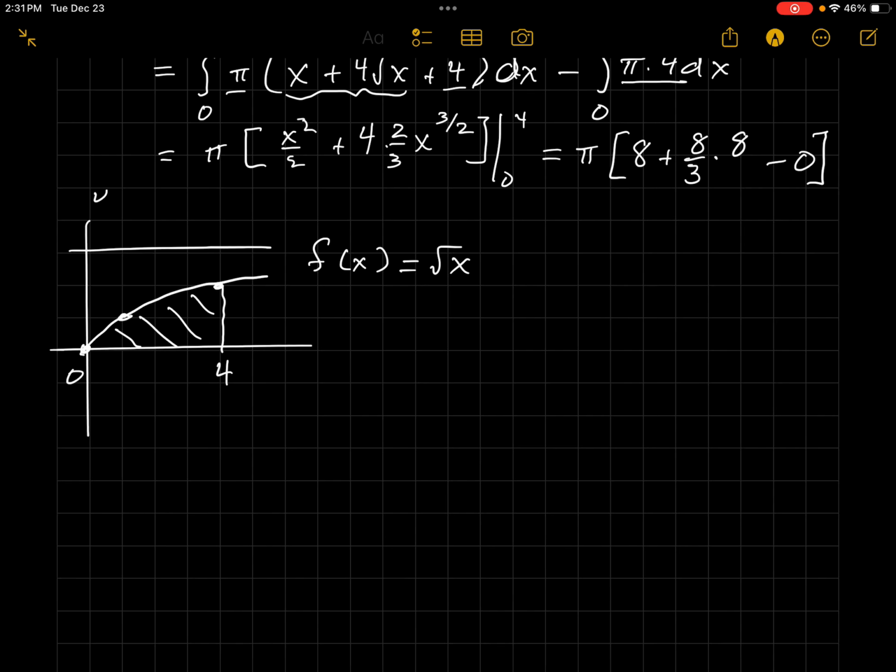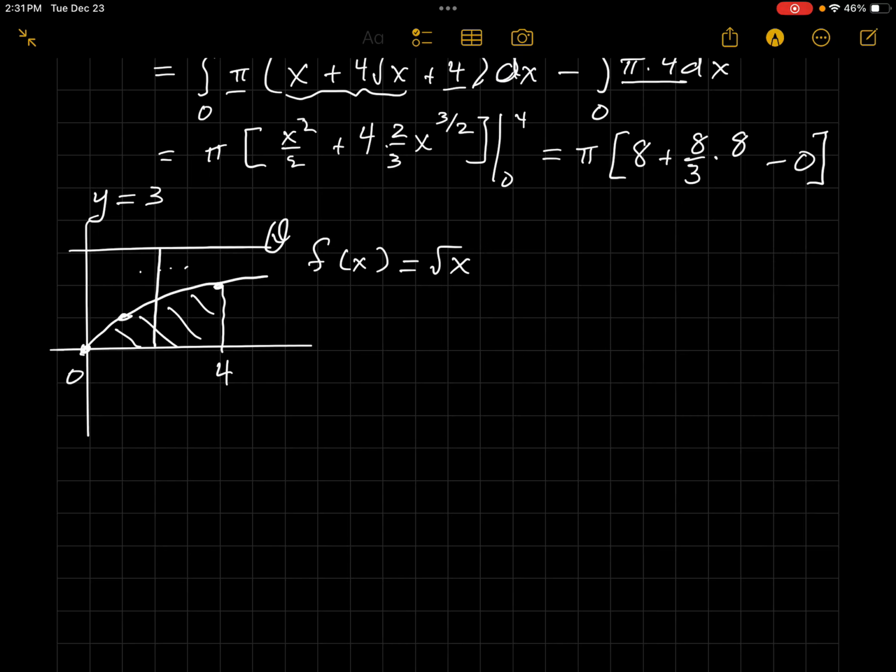And I will choose the line y equals 3. My first question to you: how many radii will there be? Well, since there's empty space between the region that I'm going to revolve and the axis of revolution, I know that there will be 2 radii.